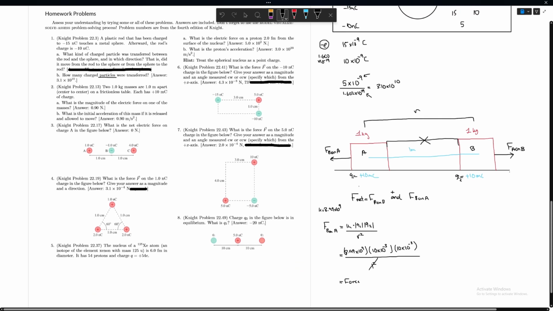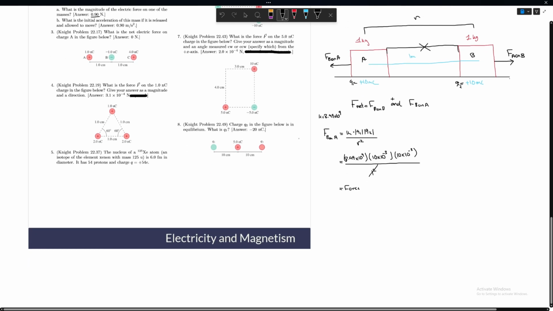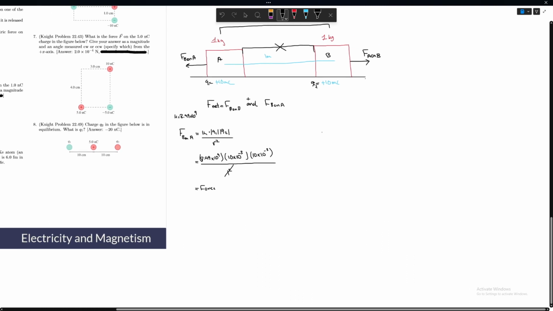Now, part B. No, I'm kind of confused because there's so much writing. I'm going to cross this out because we already did it. Yeah, so you should get 0.90. What is the initial acceleration of this mass if it is released and allowed to move? Okay. So if it was allowed to move, what we know is our force, Newton's law, force equals ma.